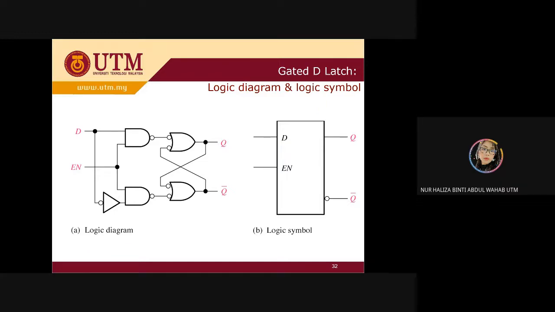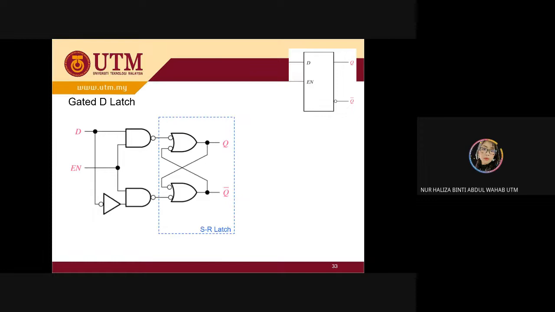So let's take a look. What is the characteristic? From here, it is a similar thing. This will be your SR latch, but the only difference, if you can see just now, without this NOT, you're going to have another input of R. This one is S. It's similar to your gated SR latch, but instead of this R, you just use this similar input of D. You put the NOT there, and it will be your gated D latch.